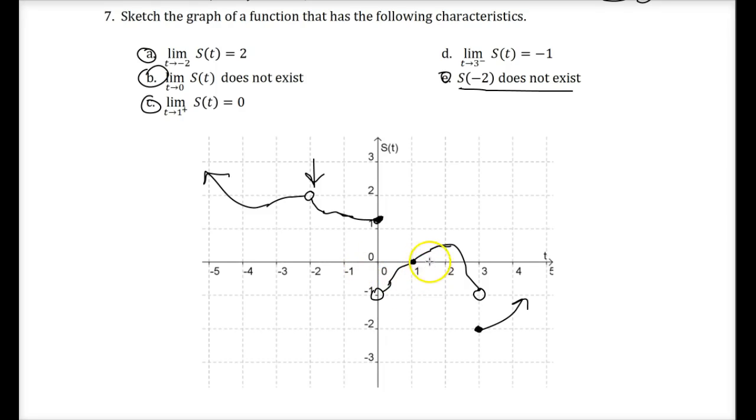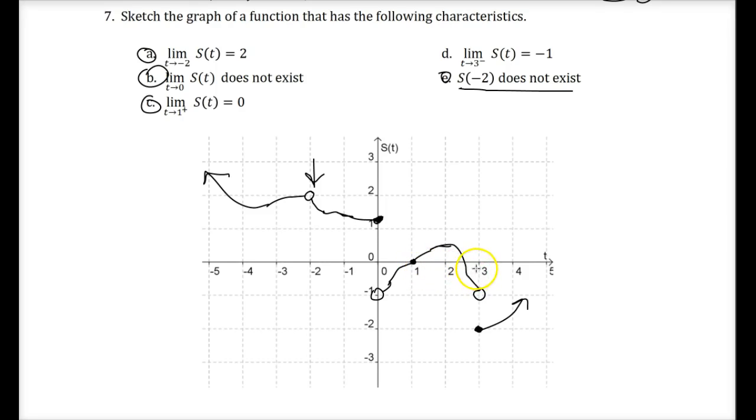You must show that your function is going towards the y value, y equals 0, as the function approaches 1 from the right. And so you could either have this as a defined point, which is a closed circle, or you can have it as an open circle. That doesn't matter. But as long as you show that that function behaves like it's going towards y equals 0, coming from the right of 1.